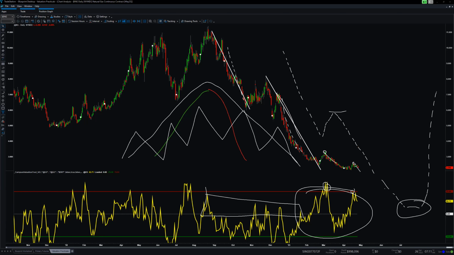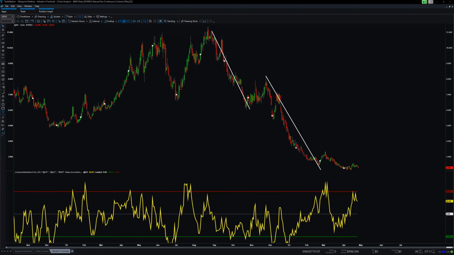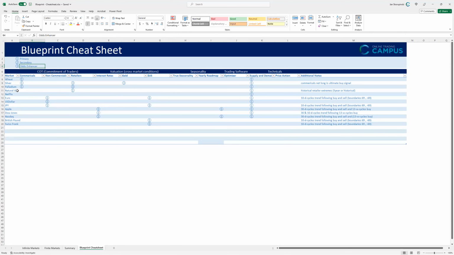So it is important for me to show you the limitations, and how you're going to use this, and how the backtesting is going to help you identify what markets, based on your cheat sheet, am I going to use this on, and what am I not going to use this on.